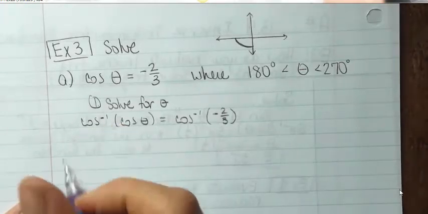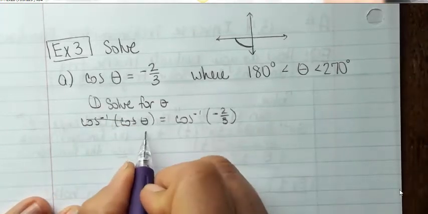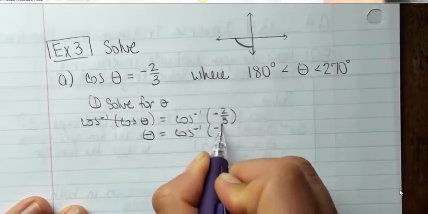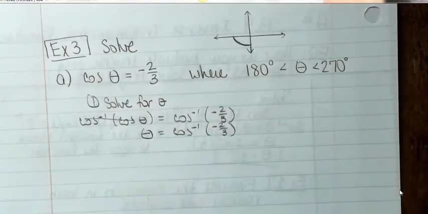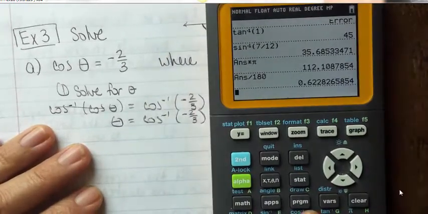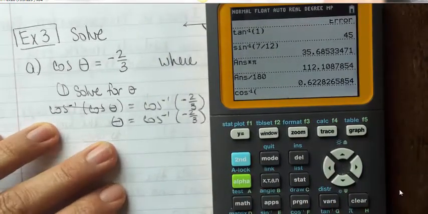Cosine inverse and cosine basically undo each other. You're just left with theta equals cosine inverse of -2/3. Okay, so let's go ahead and figure this out. Cosine inverse of -2 divided by 3.